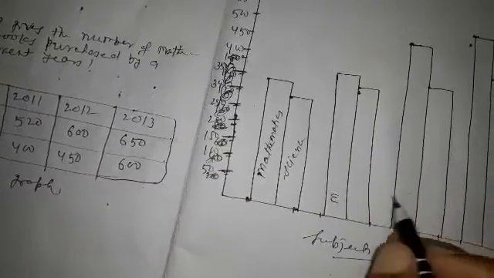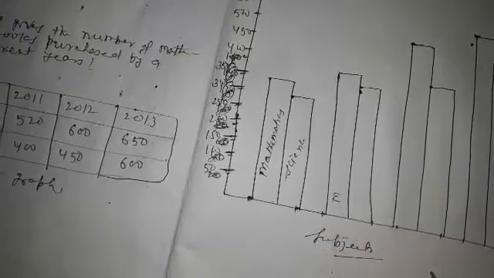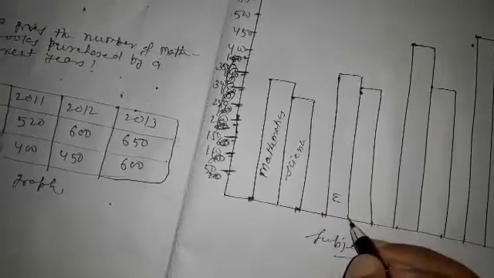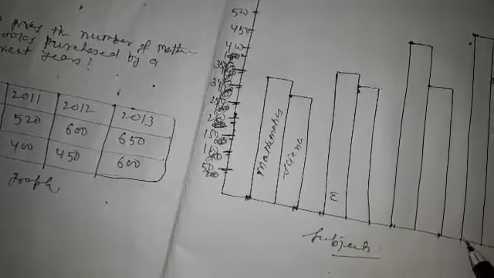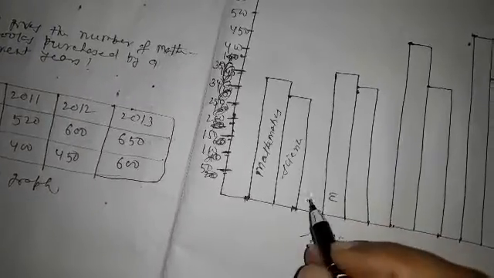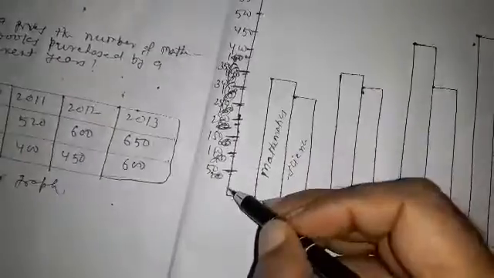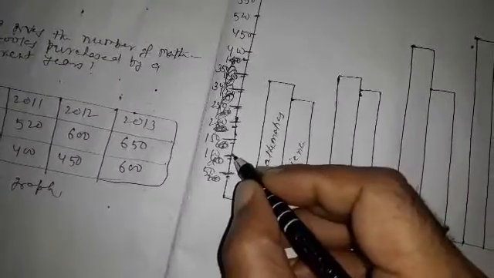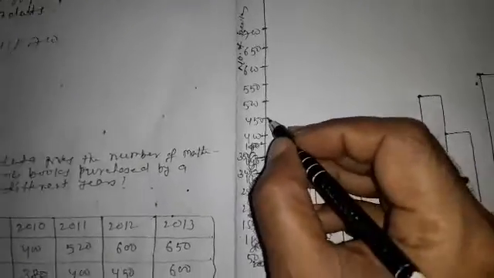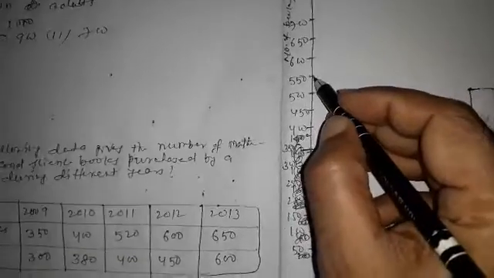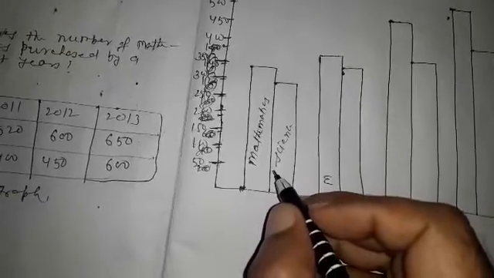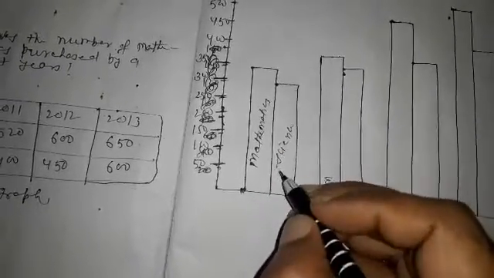Here, to represent a double bar graph, first on the OX axis we take equal distances, and the OY axis is calibrated: 50, 100, 150, 200, 250, 300, 350, 400, 450, 500, 550, 600, 650 and 700. The number of maths books is 350 in 2009.